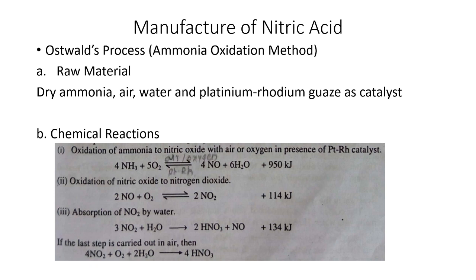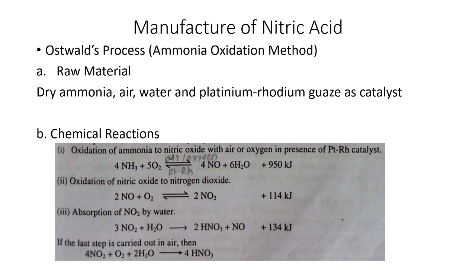Now we have seen the manufacture of ammonia, we have seen the manufacture of sulfuric acid. Similarly, nitric acid also: in the lab you must have seen that only concentrated hydrochloric acid is kept on the table. Otherwise, concentrated nitric acid and concentrated sulfuric acid are kept in the window in a tray.